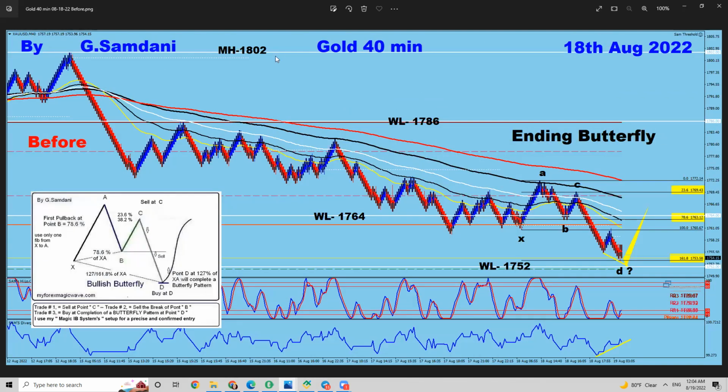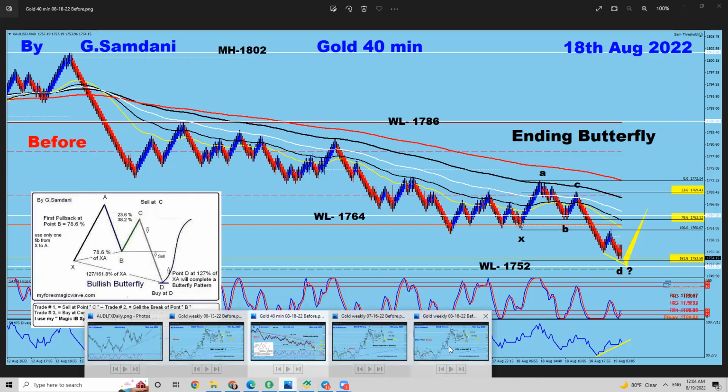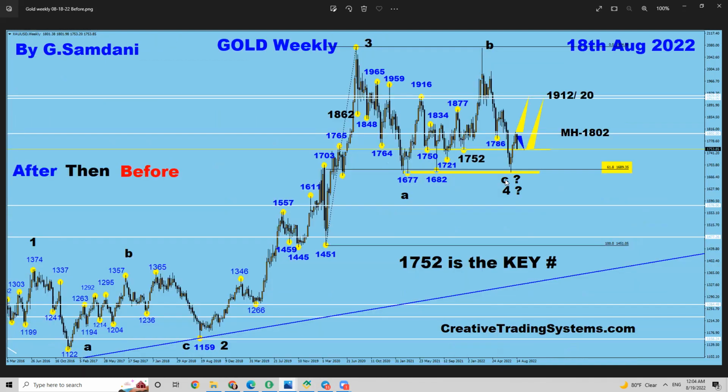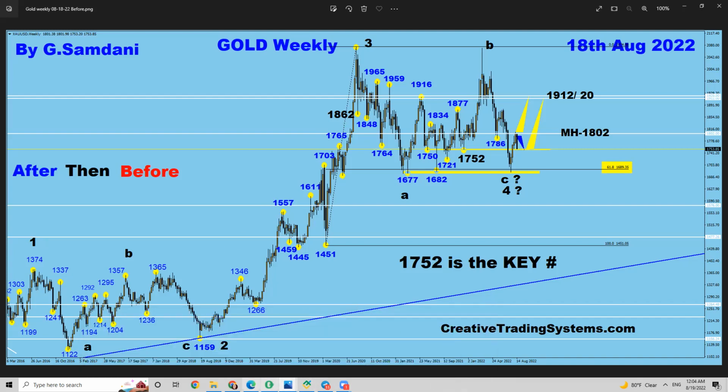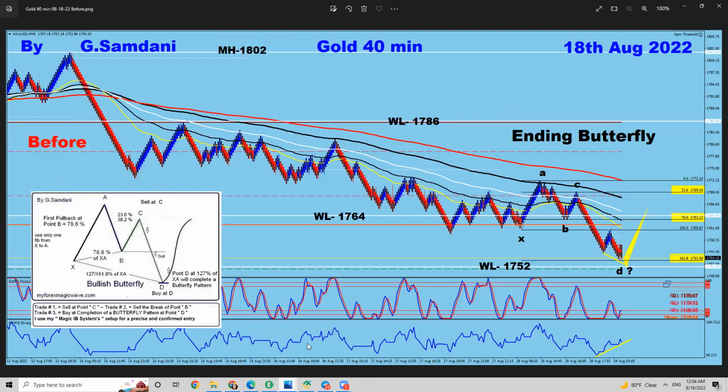So it started dropping from 1802. We broke below 1786, which is right there. So we dropped below that.